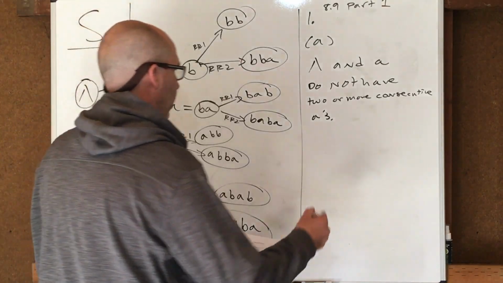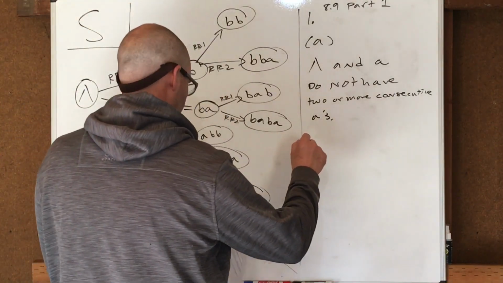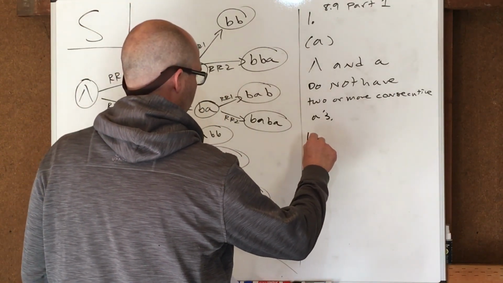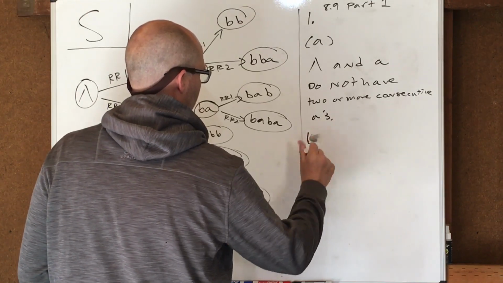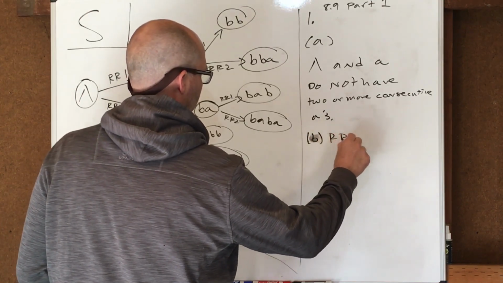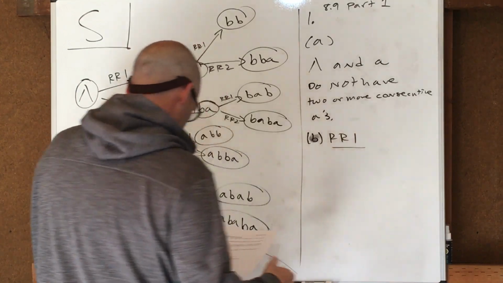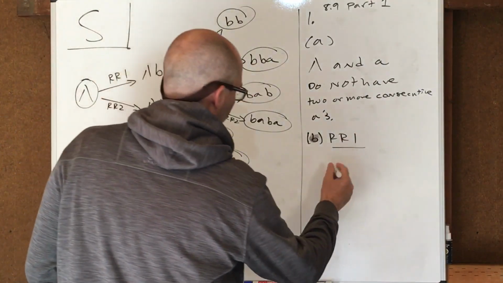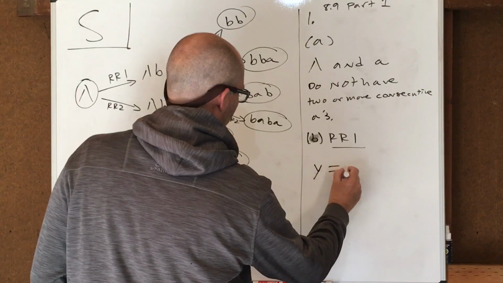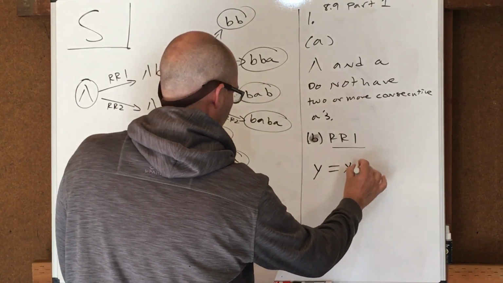Now part B. We've got recursive rule 1, so y is equal to xb.